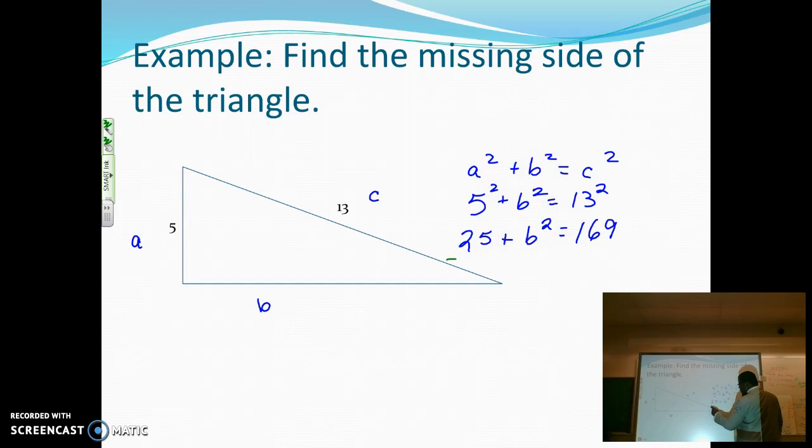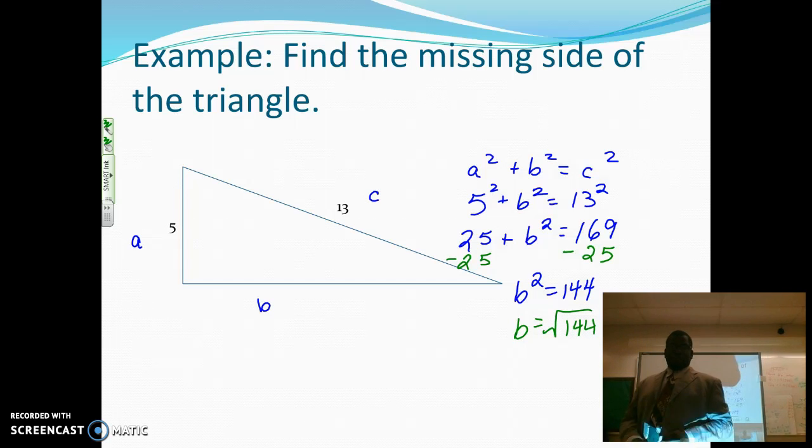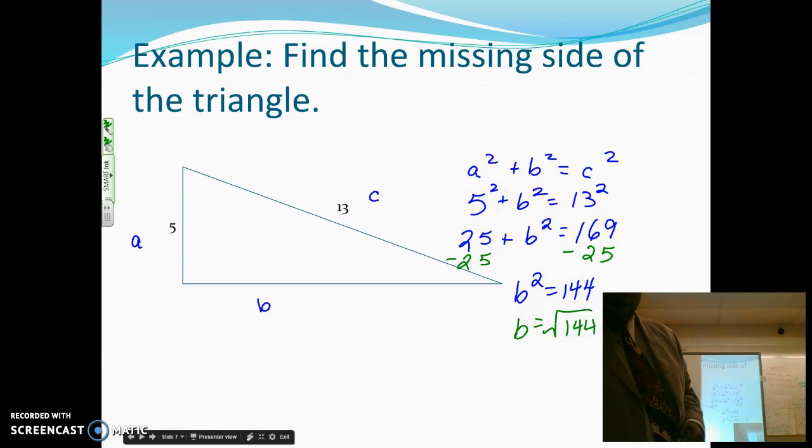If we subtract 25 from both sides, we get that b squared is 144. So in order to solve this, we take the square root of 144, which we said was 12. So the missing side would be 12 units long.